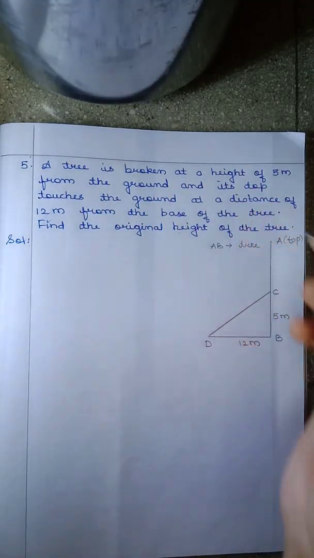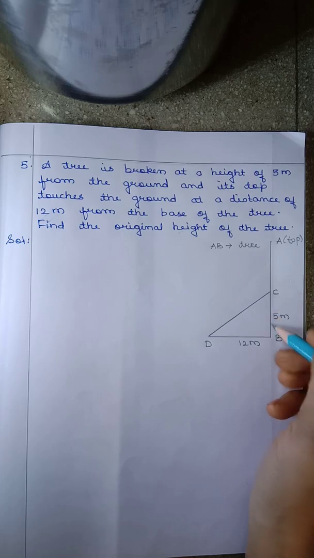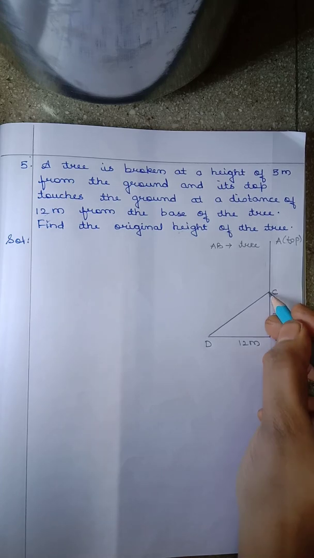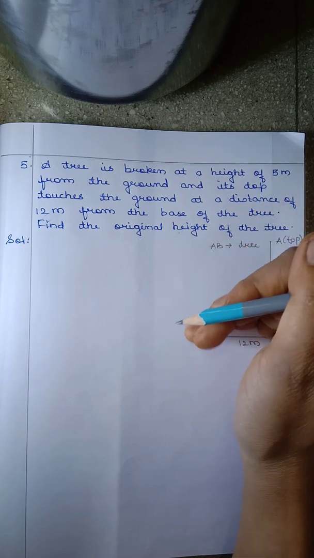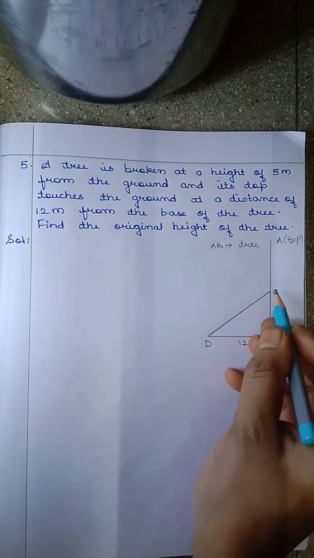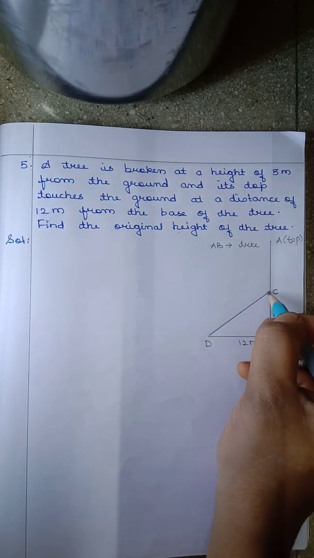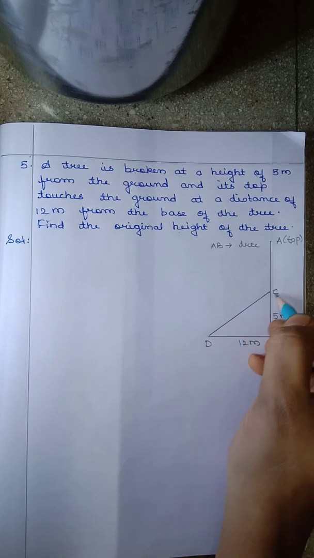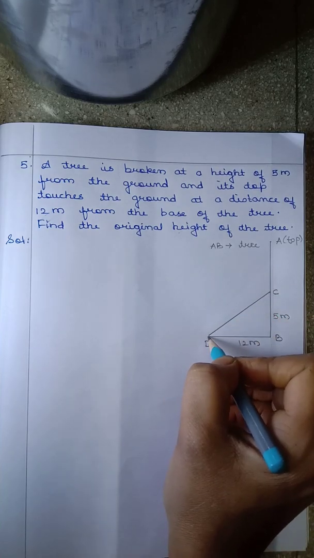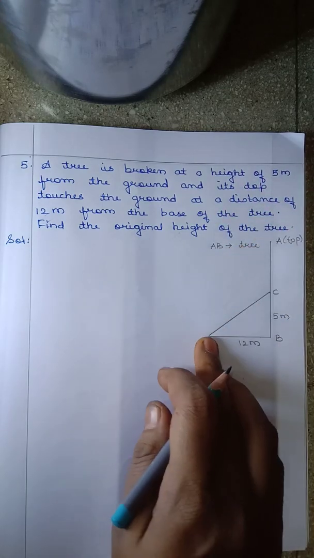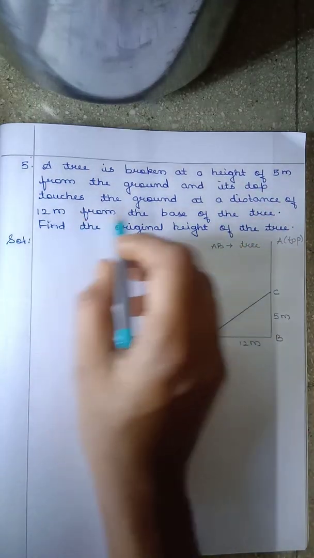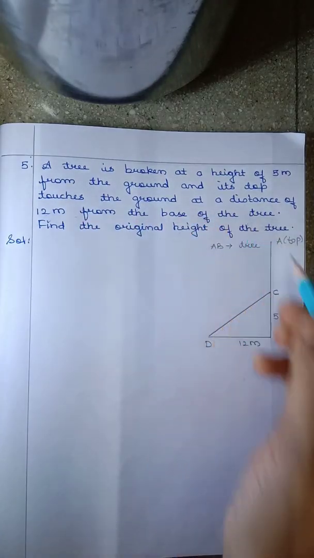At point C the tree is broken, and when it breaks, it touches the ground. AC is the broken part of the tree, and CD touches the ground here. The broken part touches the ground at a distance of 12 meter from the base of the tree.